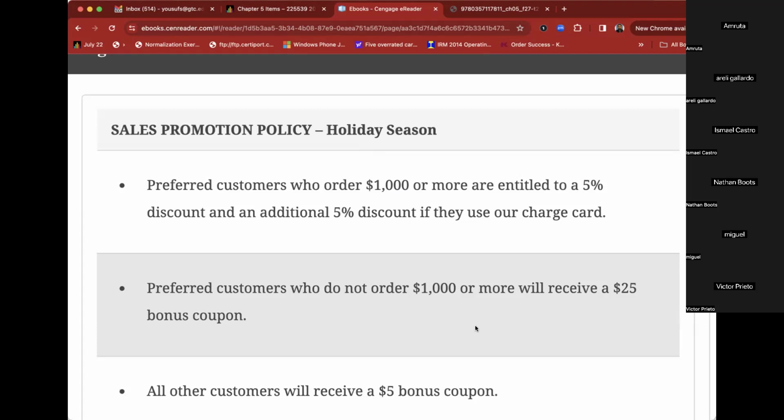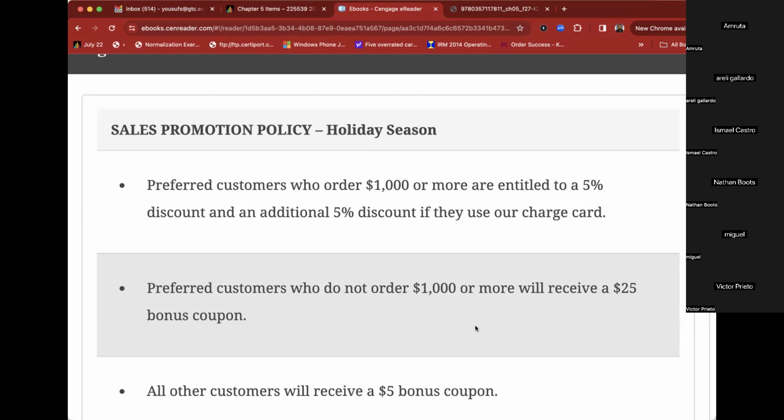Now, my question to you is, if a preferred customer makes a purchase of less than $1,000, but uses a charge card, will that person get an additional discount? No. Just keep these points in mind. It doesn't matter whether you use a charge card or not for a purchase of less than $1,000.